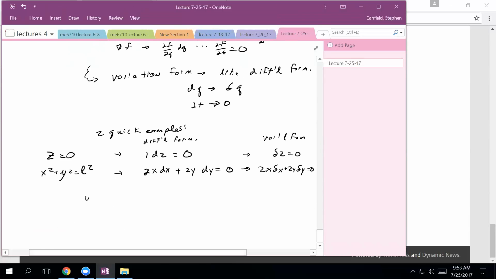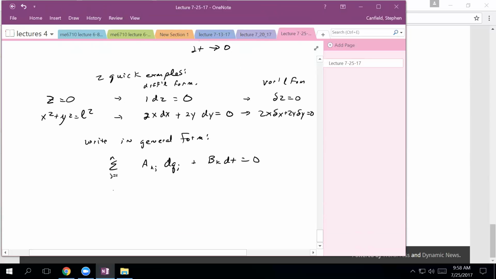Finally, I can write these in a general form, and it is as follows: sum for j equals 1 to n, little n. I take all my terms, I cast them in matrix form. So I get A, k sub j, times dq sub j for the differential form, plus, if I have time, b sub k dt equals 0.